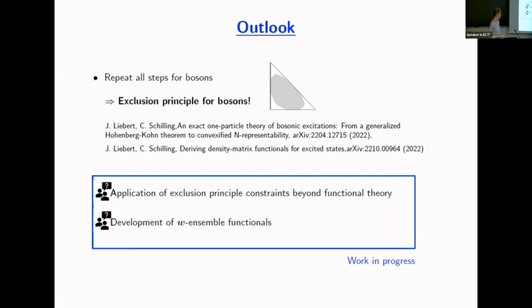So it would be interesting to discuss possible applications of those exclusion principle constraints beyond functional theory, as the Pauli exclusion principle is very important for almost all parts of quantum physics. And then the second really big open task in the context of 1RDMFT is to really develop functionals and then also test the practicability of the method. Both of them are still work in progress.